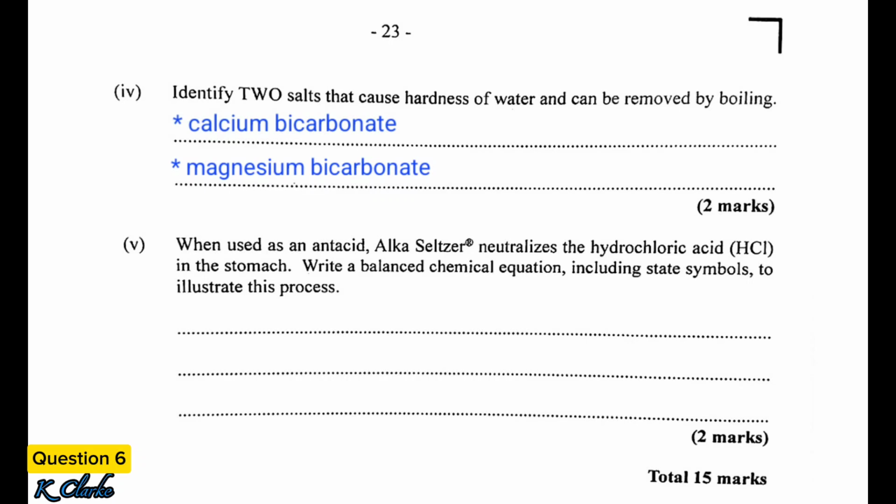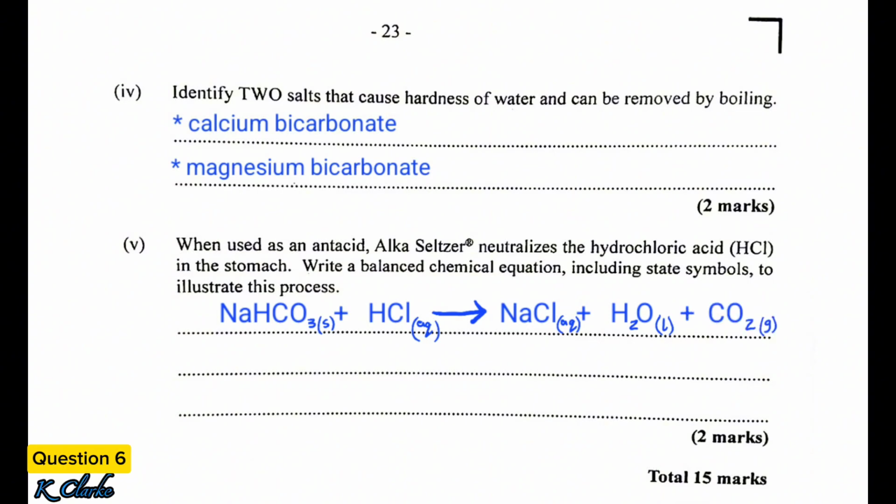The chemical formula is NaHCO3 solid state plus hydrochloric acid aqueous. These react to produce sodium chloride NaCl aqueous plus water H2O liquid plus carbon dioxide CO2 gaseous state.